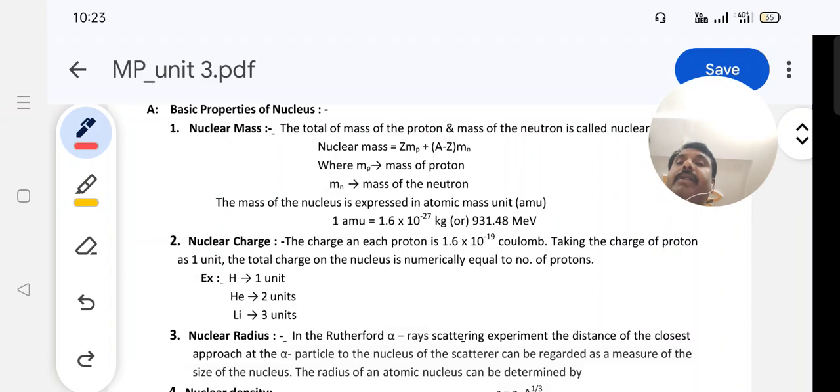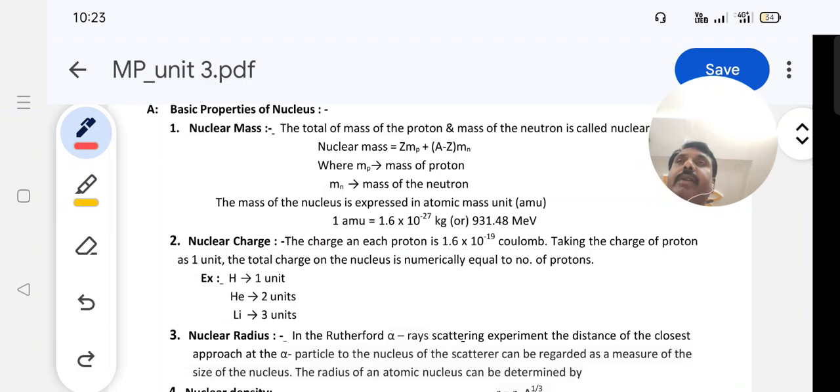First property is nuclear mass. As we have discussed, the constituents, the nucleons, are protons and neutrons. So nuclear mass will be the summation of masses of protons and neutrons.